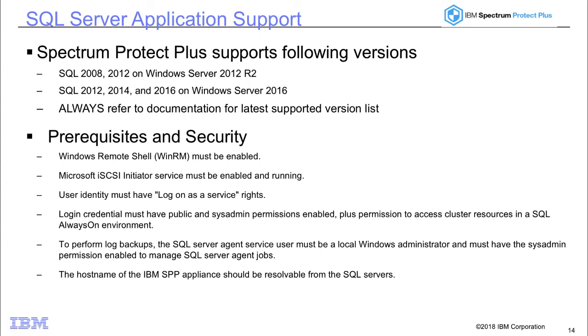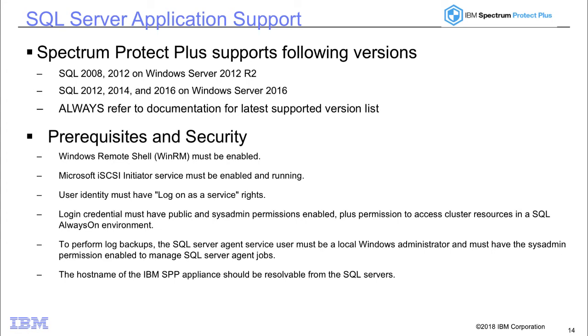Windows Remote Shell must be enabled. The iSCSI initiator service must be started. The user that you're logging in must have logon as a service rights on the SQL Server system. Inside SQL Server, the login credential must have public and sysadmin permission enabled and permission to access cluster resources in an always-on environment.